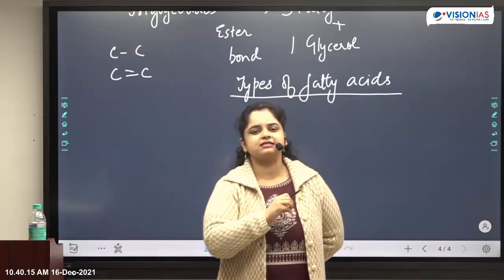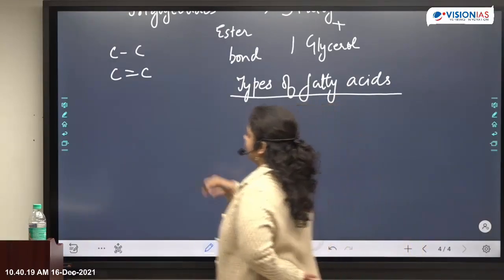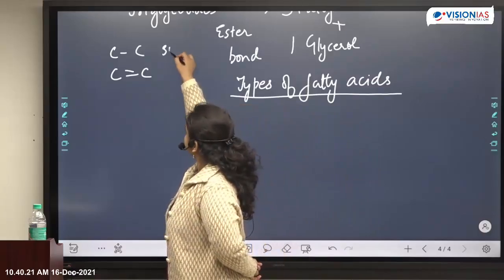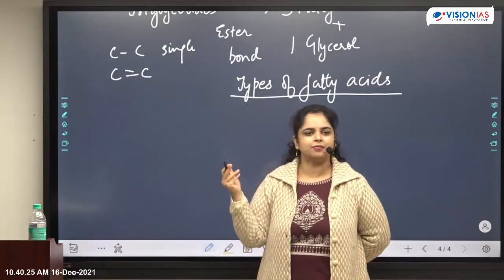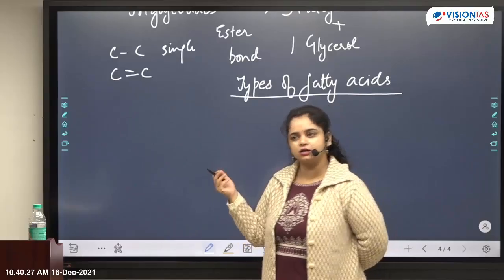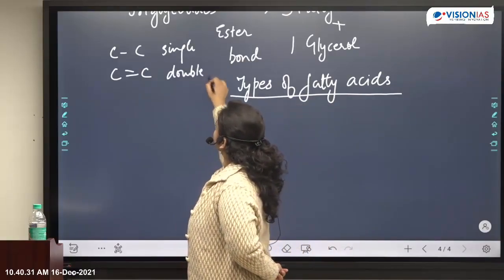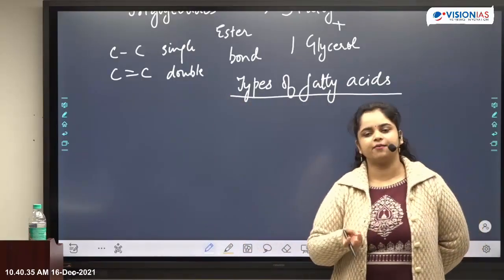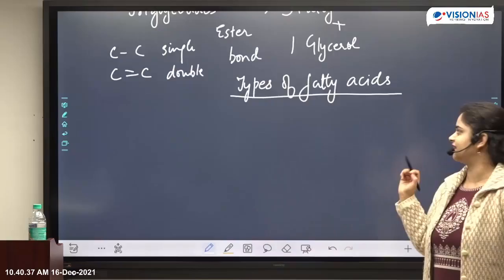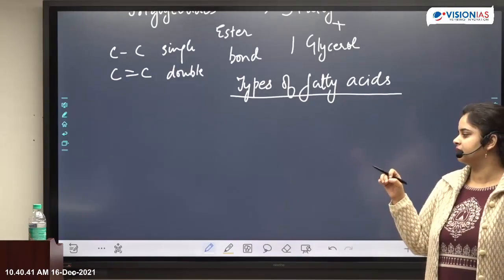In fatty acids, we can have 2 types of arrangements. One is a carbon-carbon single bond. Between the carbon atoms, we can have a single bond or we can have a double bond. So we have two types of fatty acids based on this carbon-carbon linkage.